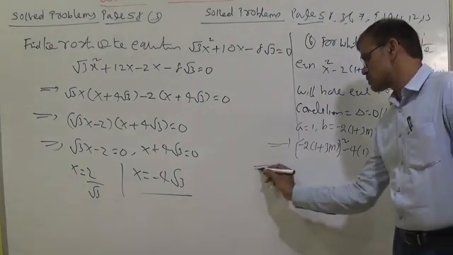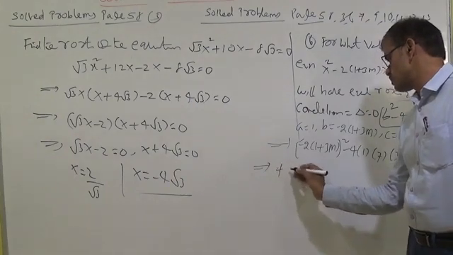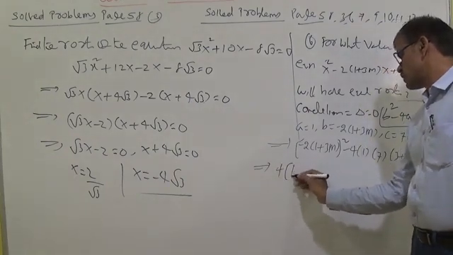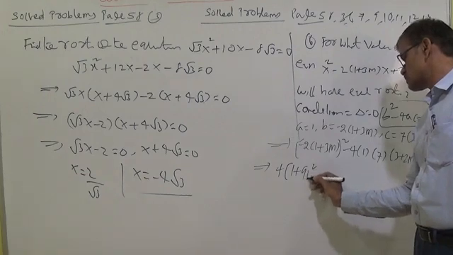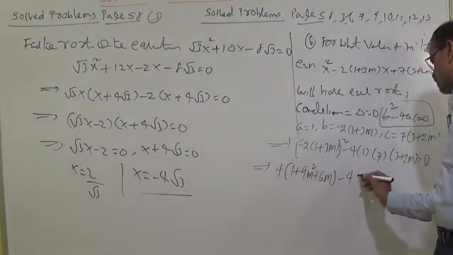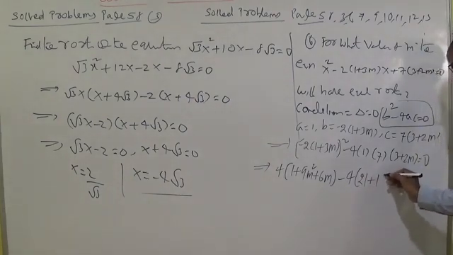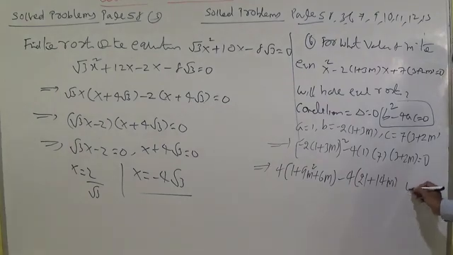That implies minus 2 whole square becomes 4. 4 into (1 plus 9m square plus 6m) minus 4 into, multiplying with 7, it becomes 21 plus 14m, equal to 0.